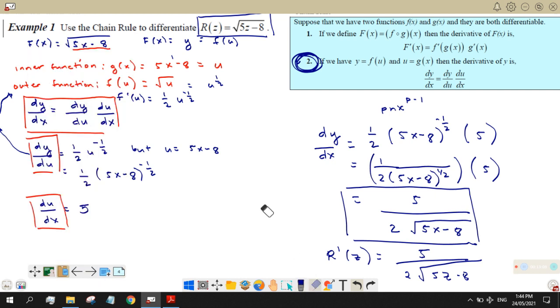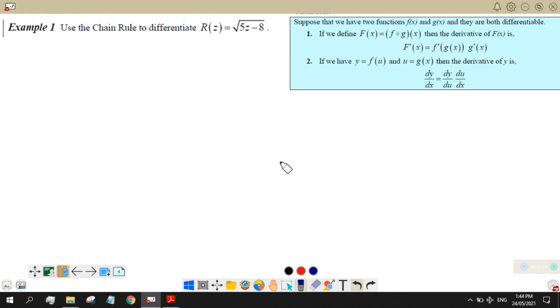Okay, clear ko lang ating view board. Okay. So, again, hindi ako sanay sa z. So, sulat ko muna siya as f of x is equal to the square root of 5x minus 8.